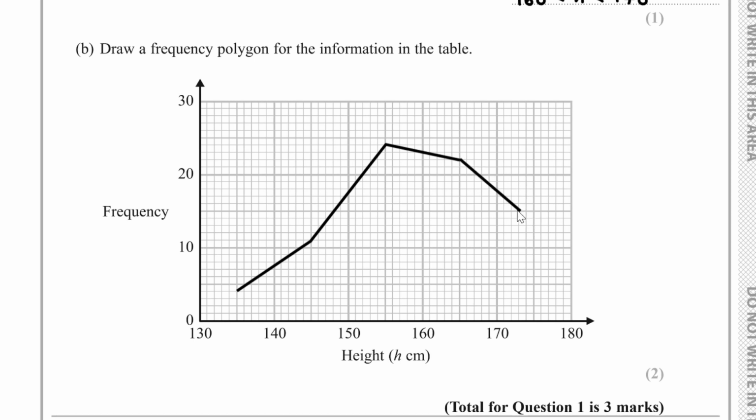So 19, that goes over here. So we join these points up like so. So here is our completed frequency polygon, and if you want, you can emphasize the different points as we see here.